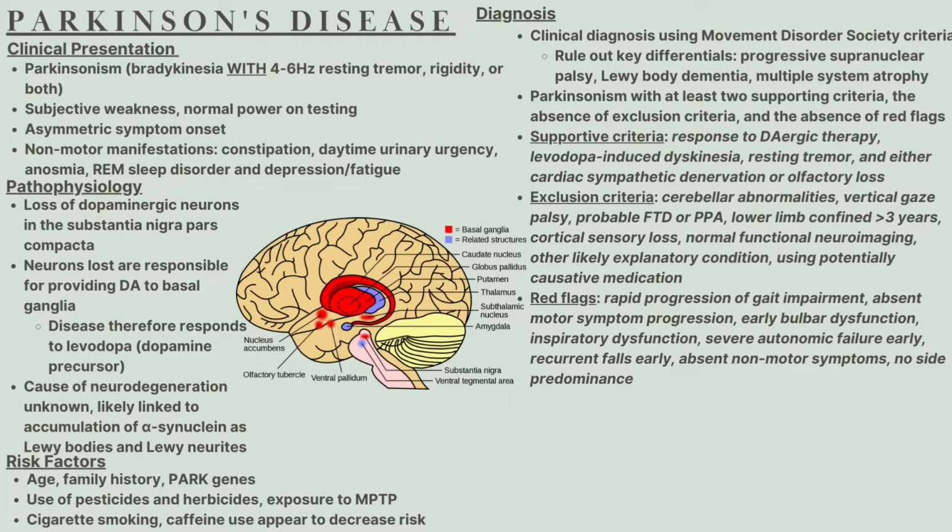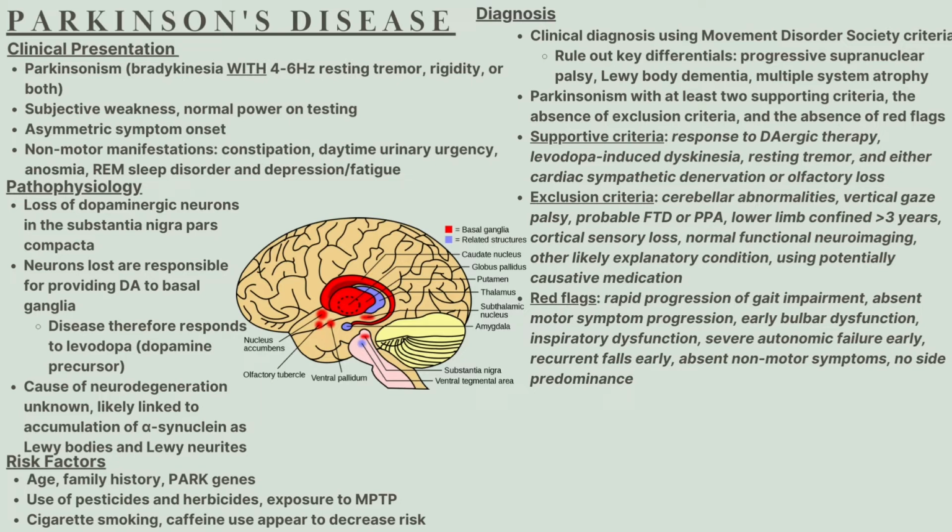The key exclusion criteria are generally things that might suggest an alternative explanation to Parkinson's disease. These criteria include cerebellar anomalies, supranuclear vertical gaze palsy, particularly in down gaze, which is characteristic of progressive supranuclear palsy. Additionally, the presence of probable frontotemporal dementia or primary progressive aphasia.